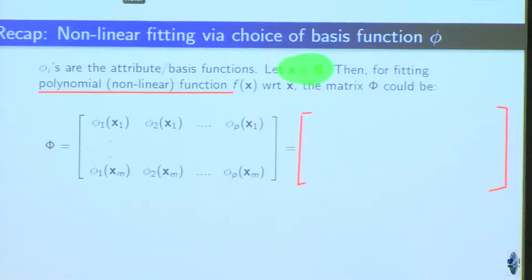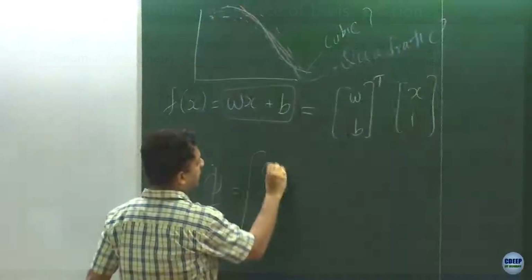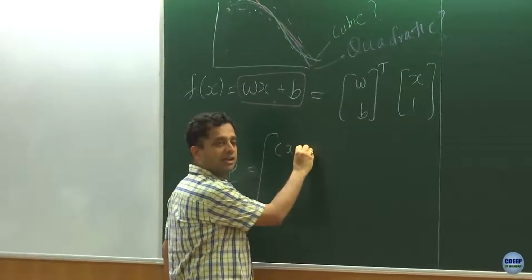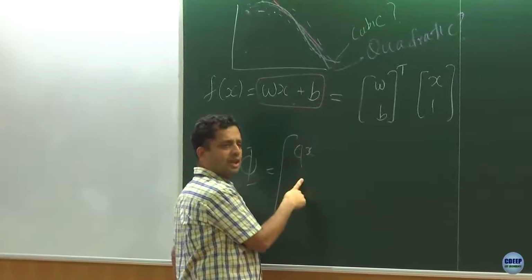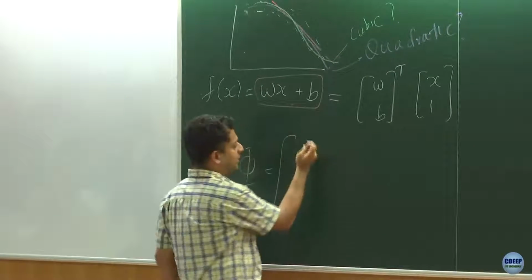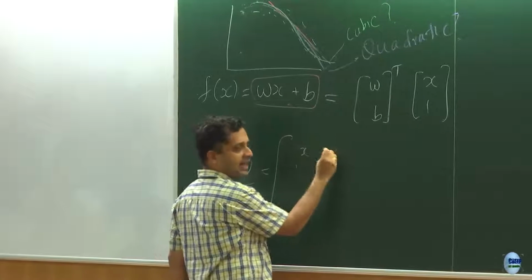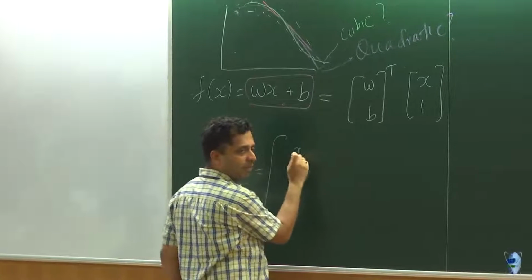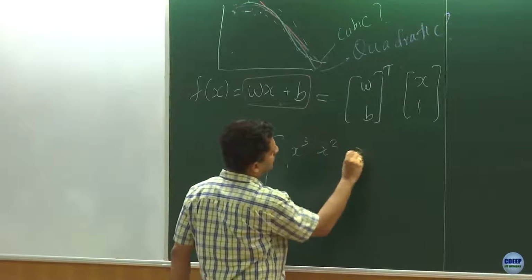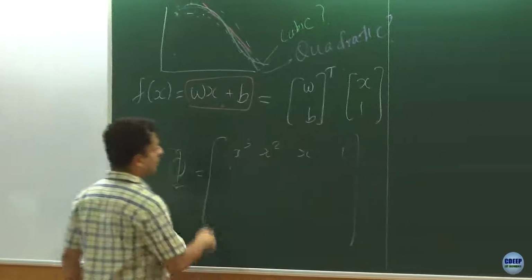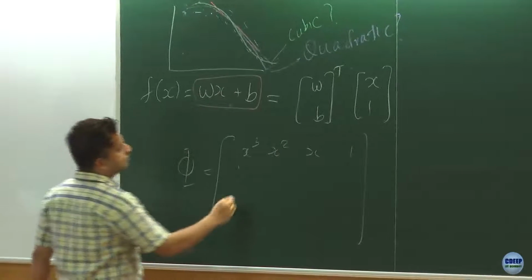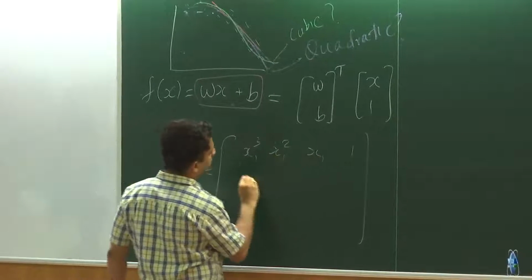So he's suggesting that the phi looks like x cubed. Okay, so x, you're saying x. This is for x1.